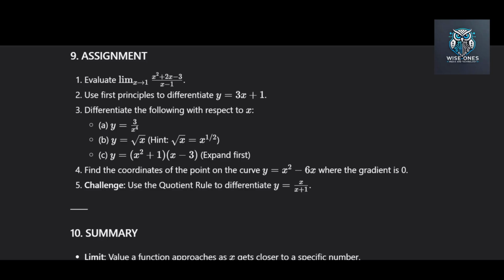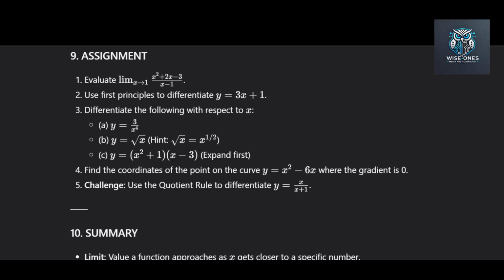Part A. y equals 3 over x to the power of 4. Part B. y equals square root of x. Hint. Square root of x equals x to the power of 1/2.